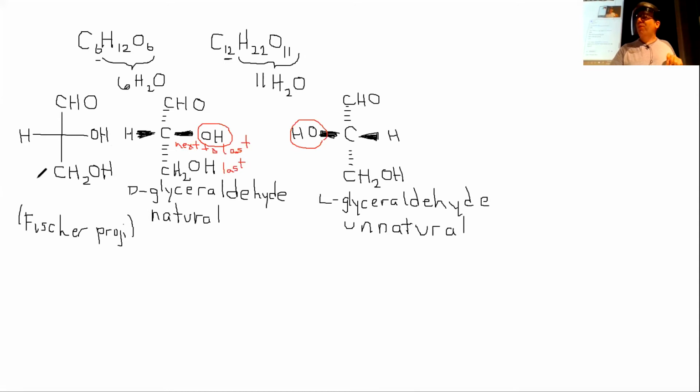Maybe one last thing that occurs to me about Fischer projections. Well, actually, before I say that, we can always look at the Fischer projection for L-glyceraldehyde. Again, that penultimate OH determines whether the sugar is D or L. I think you will, in general, find there will be a penultimate OH.